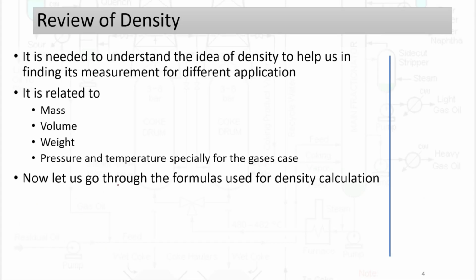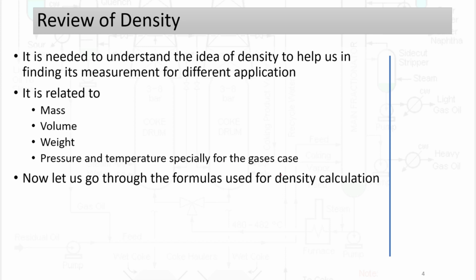Okay, we need to understand this density now. We already explained the idea of density. Here we talk about being compact, tightly together. Now we want to go to the other variables related to density: mass, volume, weight, pressure, and temperature, especially for gases.